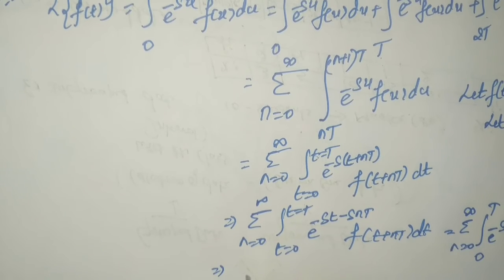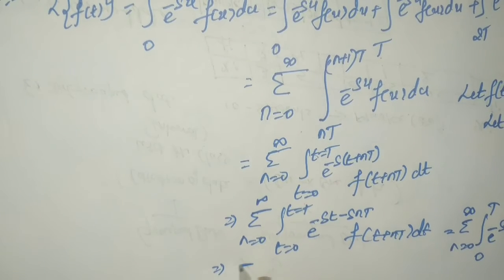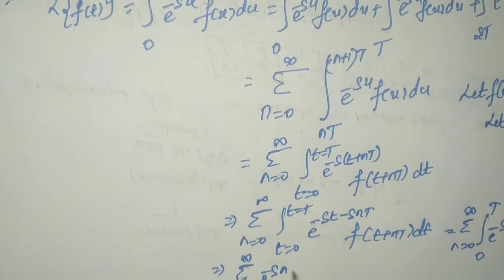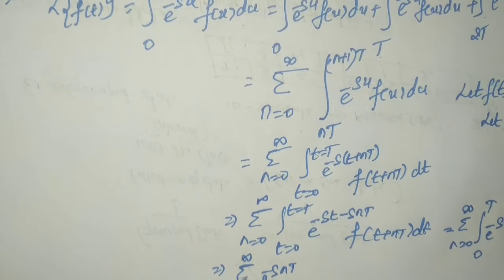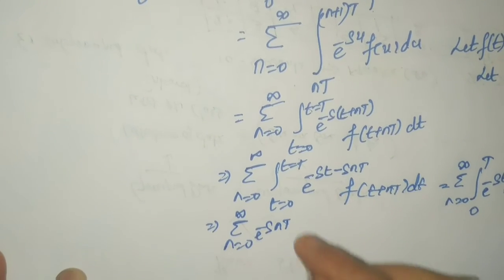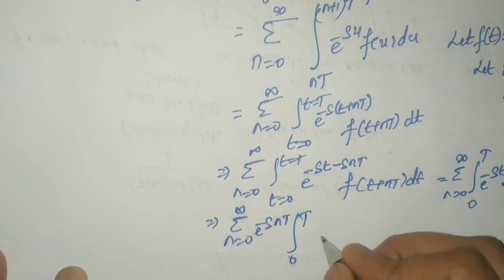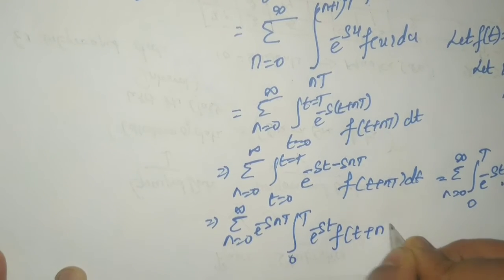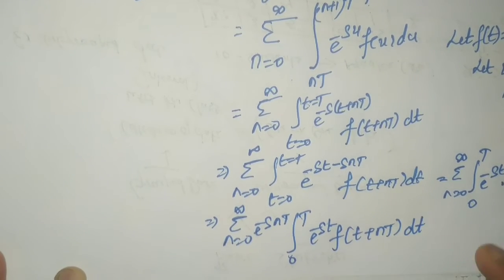So what I get: summation n is equal to 0 to infinity, e power minus snT, integral 0 to T, e power minus st, f of (t plus nT) dt is the step.